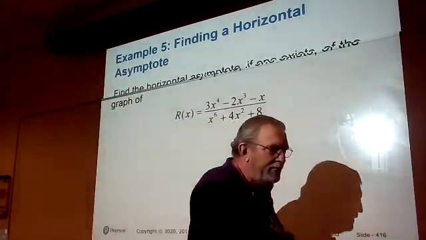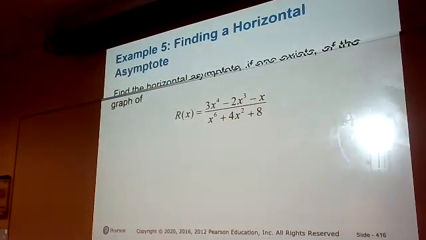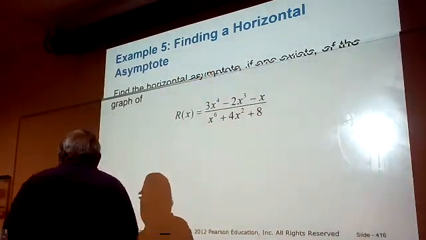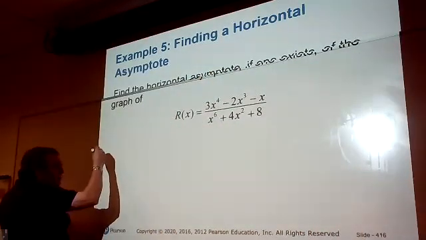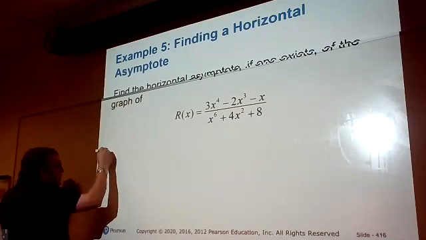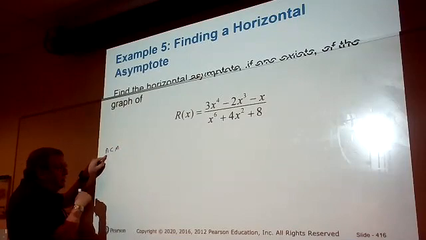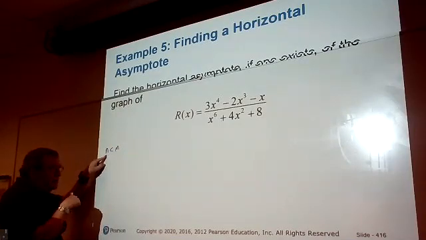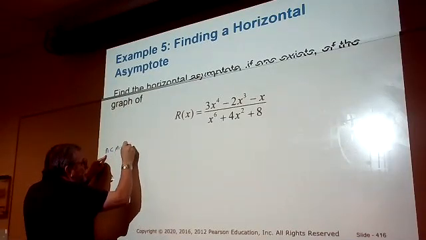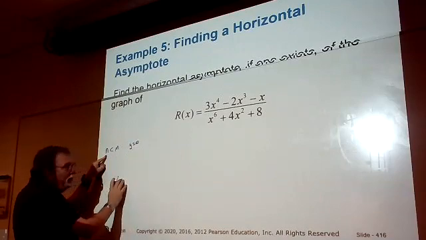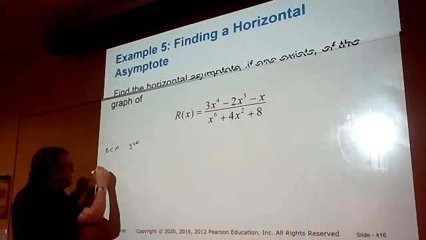So what I'm going to talk about right now is what we just talked about. You compare the degrees. If n is less than m, if the degree of the numerator is smaller, then the horizontal asymptote is y equals 0.